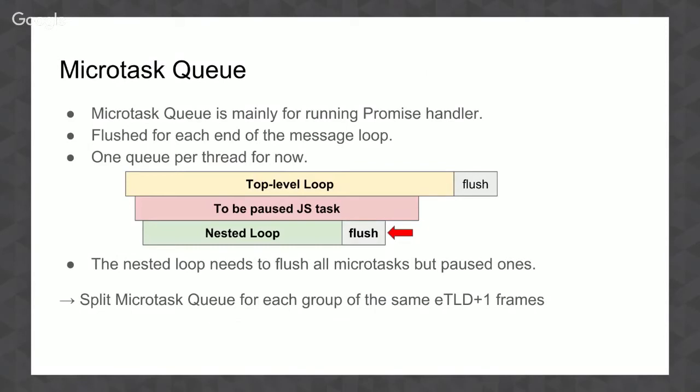The task is stored in V8, and the trigger for running the microtask queue is from the Blink side. Do you mean, when we need to flush a microtask queue, do we just look at where each task is from and see if it's the same? Okay. Yeah. I see.